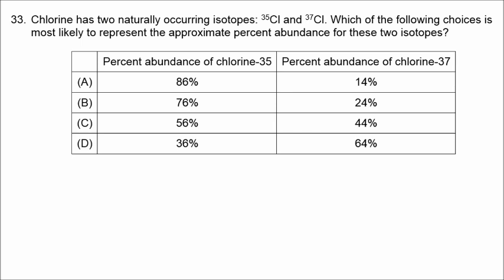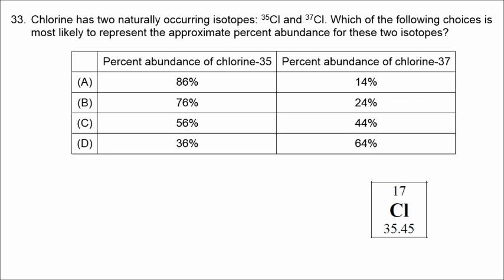In number 33, we can do the math by multiplying 35 times the percent abundance of chlorine, and then plus 37 times the percent abundance for that particular isotope. So let's see if we can get 35.5 approximately for our answer.